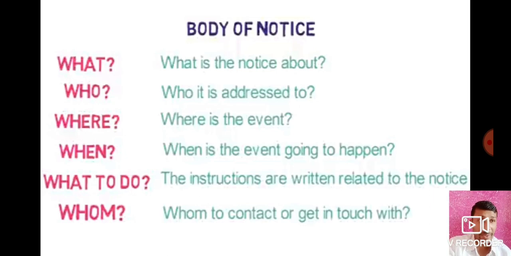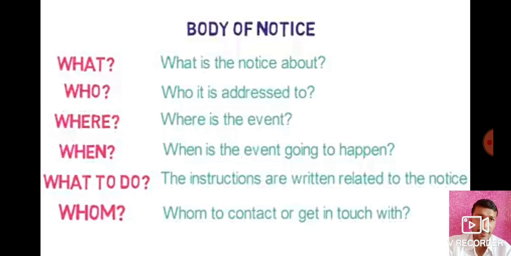When, you have to make it clear, the timing. What to do, the instruction, what we have to do, what not to do, and a little bit more information related to that notice. And whom: if you are facing any problem related to that point, which person will help us, or who is the organizer, who is the head authority, we should know about that.